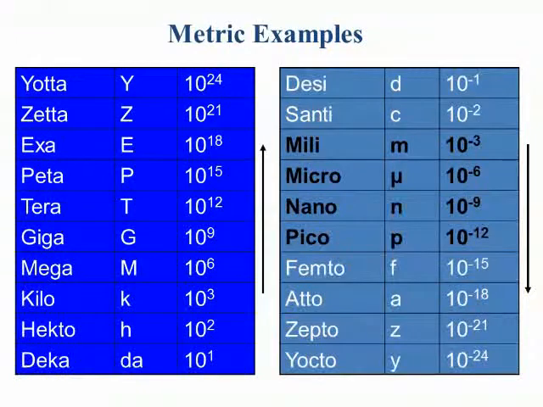In routine lab use, we are mostly involved with milli, micro, nano, and pico. I would also like to note that even between the two nearest ones, let's say micro and nano, there's a 1,000-fold difference. So making a mistake in our calculations would cause a 1,000-fold mistake everywhere in our analysis.